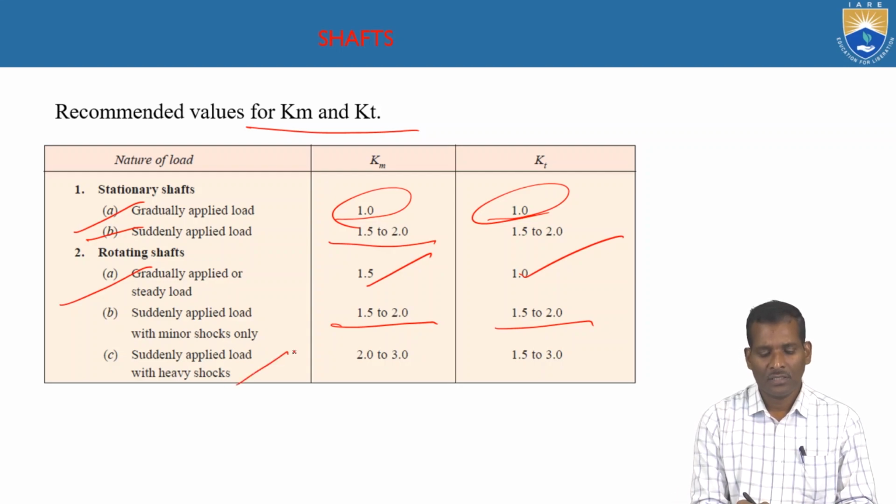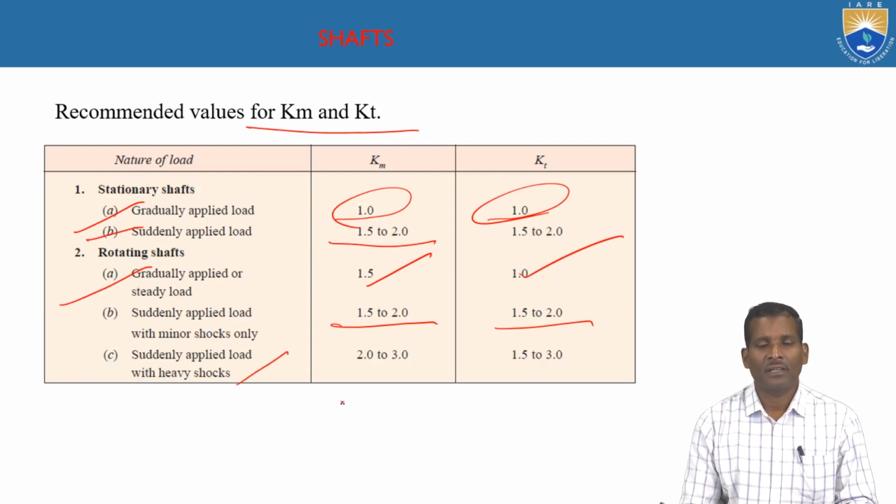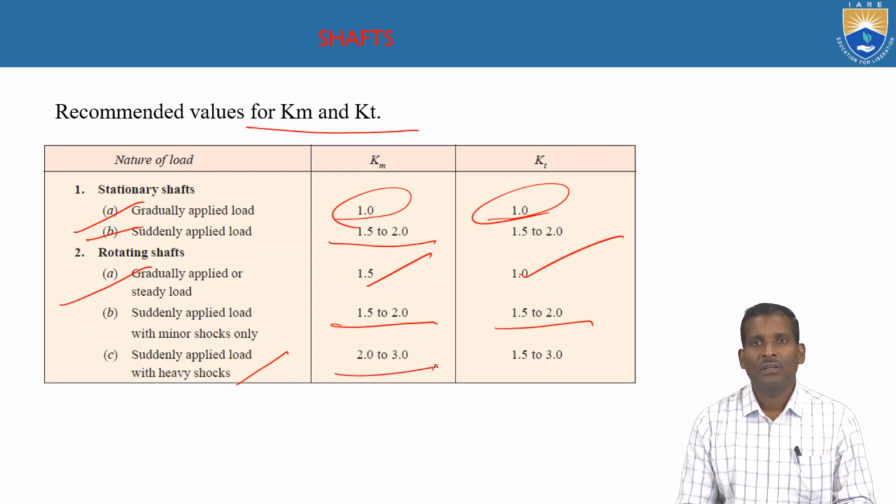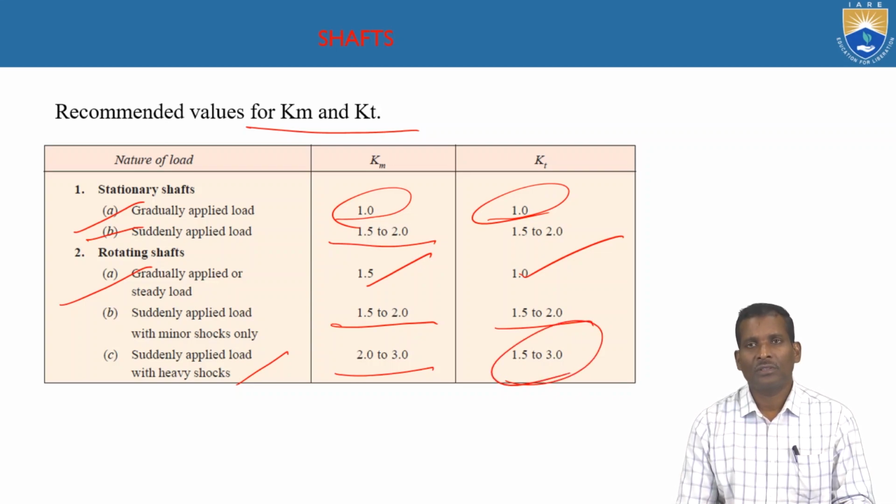Here one is minor and another is heavy. For heavy shocks you should take a Km value very high compared to the other values, 2 to 3. You can take 2, 2.5, and 2.8 or 3. Kt is also 1.5 to 3, up to a value of 3. So these are the recommended values for Km and Kt.